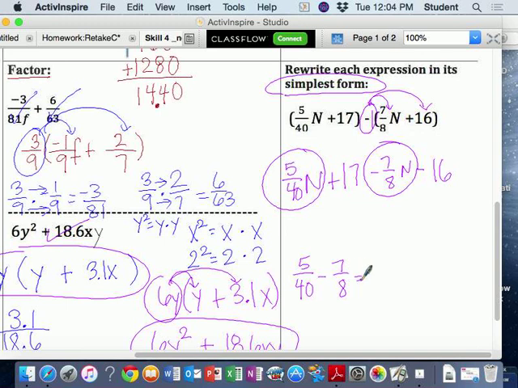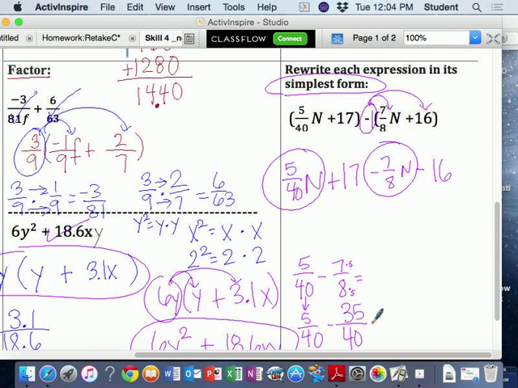Now we know that the rule for subtracting fractions is we have to have like denominators. Well, 8 can go into 40, so I'm going to use 40 as my like denominator. To get from 8 to 40, I have to multiply times 5. So 8 times 5 is 40, 7 times 5 is 35, and I'm going to pull down my 5/40.